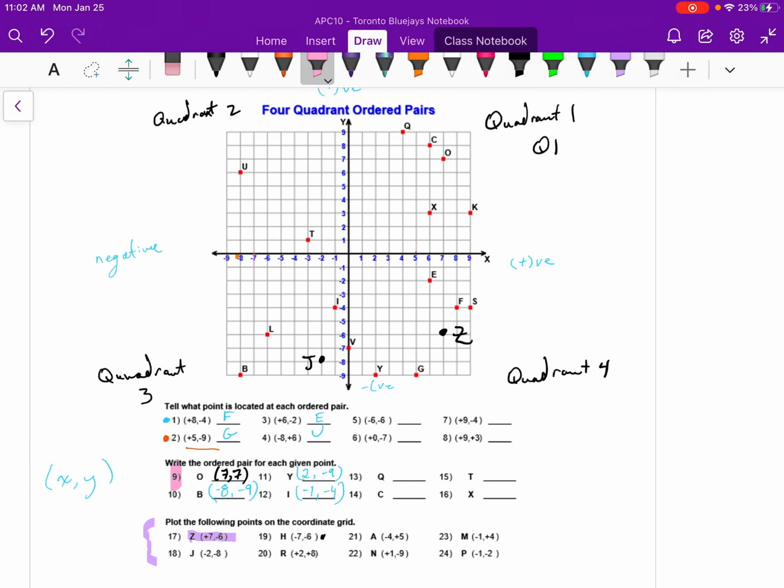Negative 7 is the x value. Negative 6 is the y value. So what I see is this point here would be H.